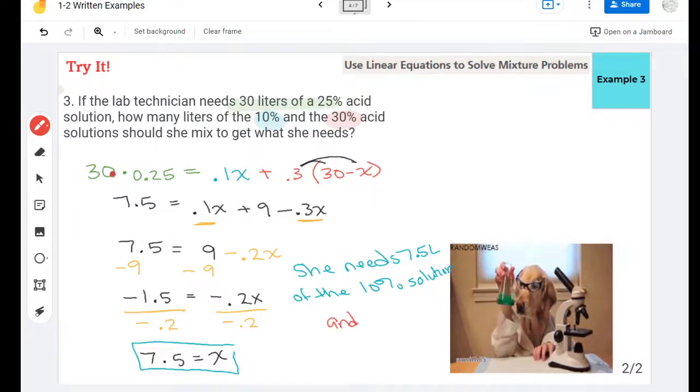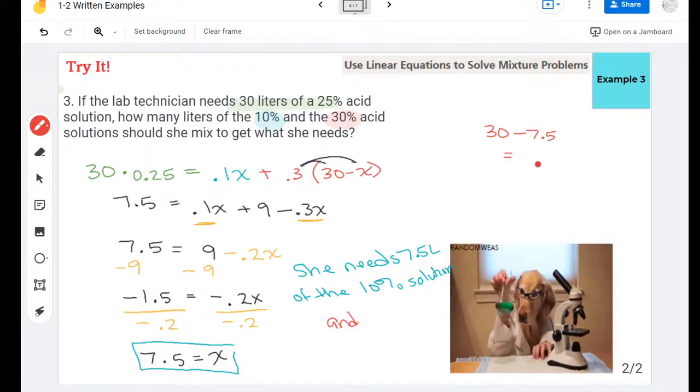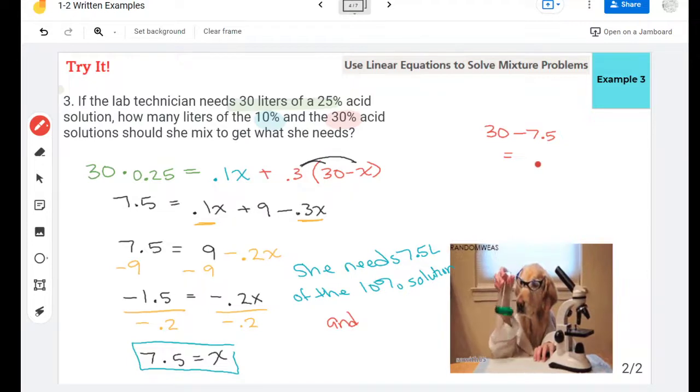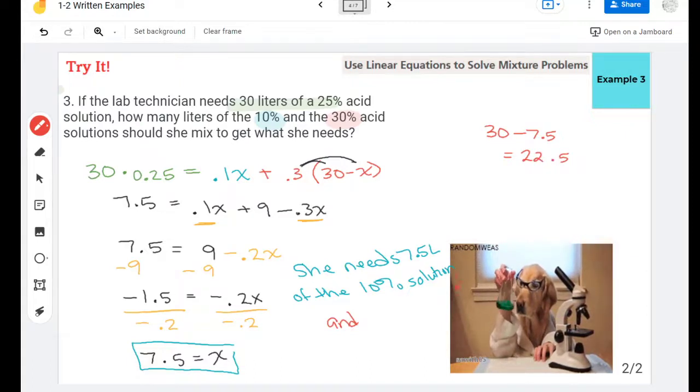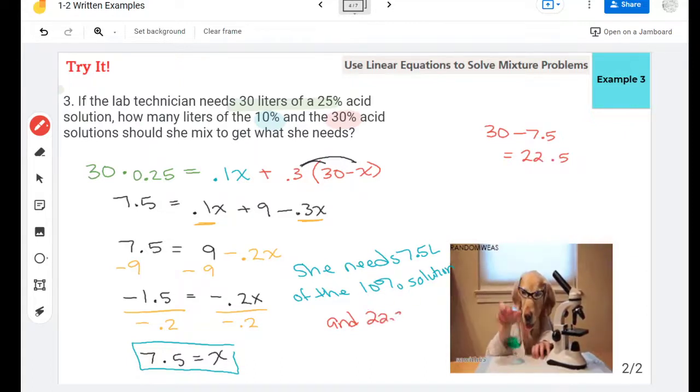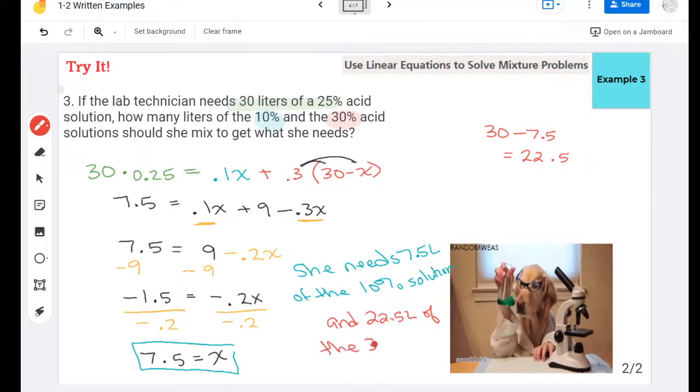So if I'm making a total of 30 liters of material, and I know that 7.5 liters of those are the 10%, then the remaining number of liters should be my 30%. So when I do that, I get 22.5 liters of the 30% solution.